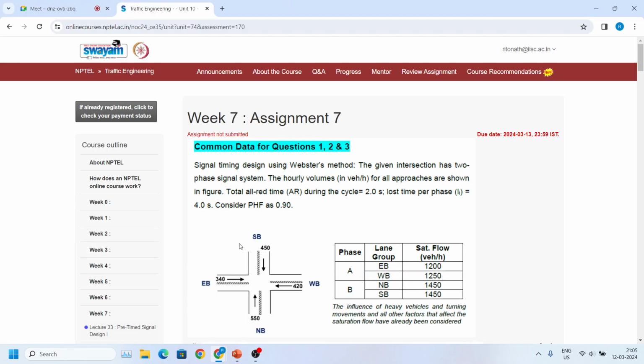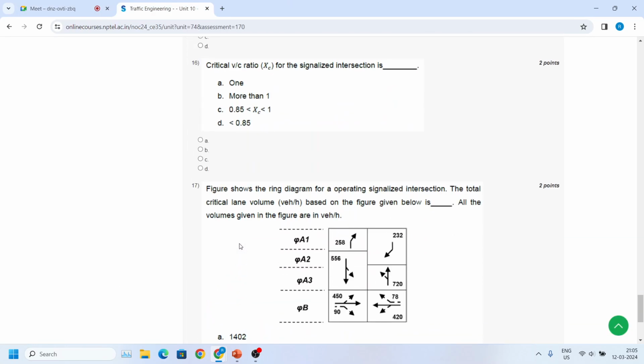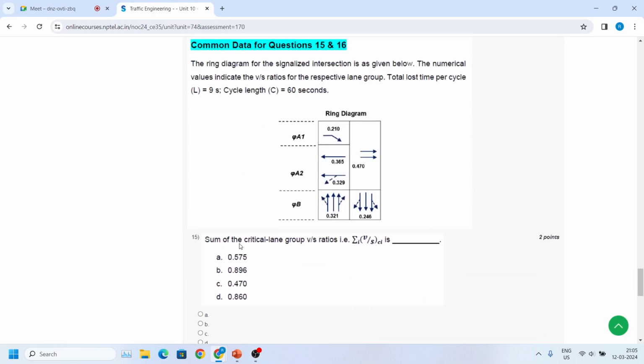Q15, is it? Okay, what's so difficult here? I think you can work it out, right? It's just a ring diagram and all the data are given.